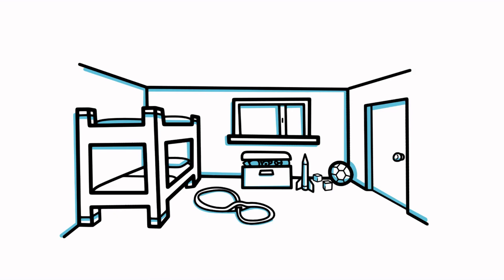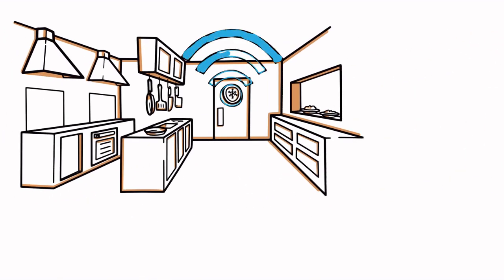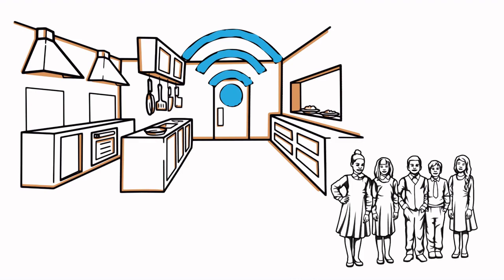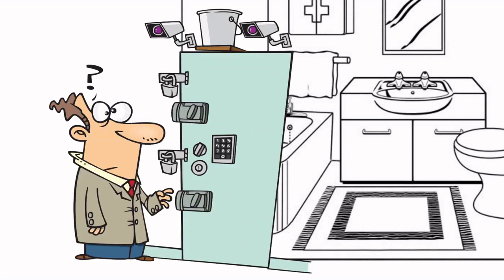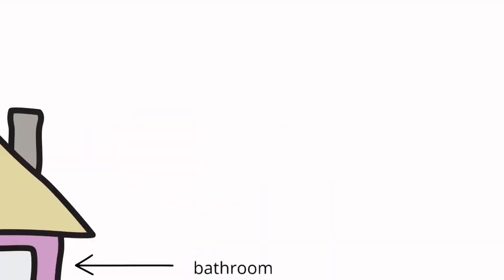One room, like the kitchen, similar to a wireless guest network, may be open to everyone, or a bathroom might have a lock on it for privacy, similar to part of the network where proprietary or personal identifiable information is stored. We can manage each of the rooms individually, but they still belong to the house.